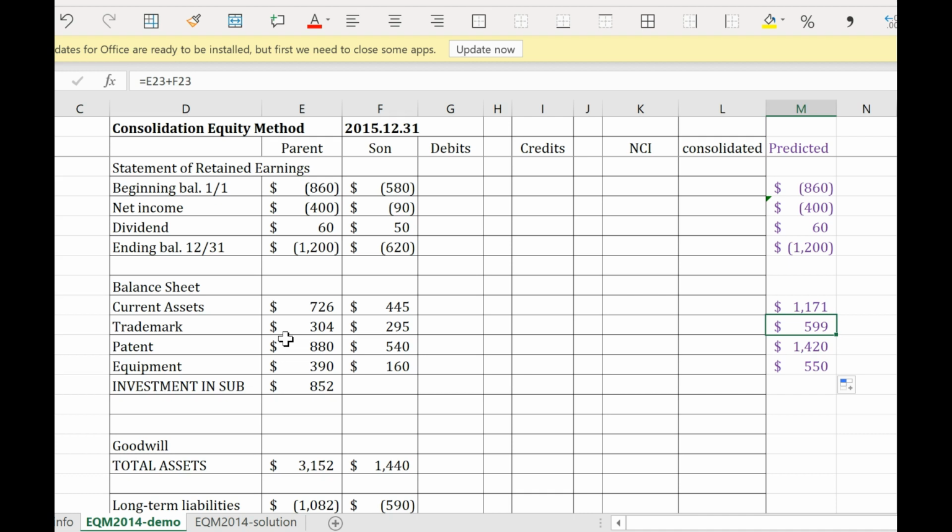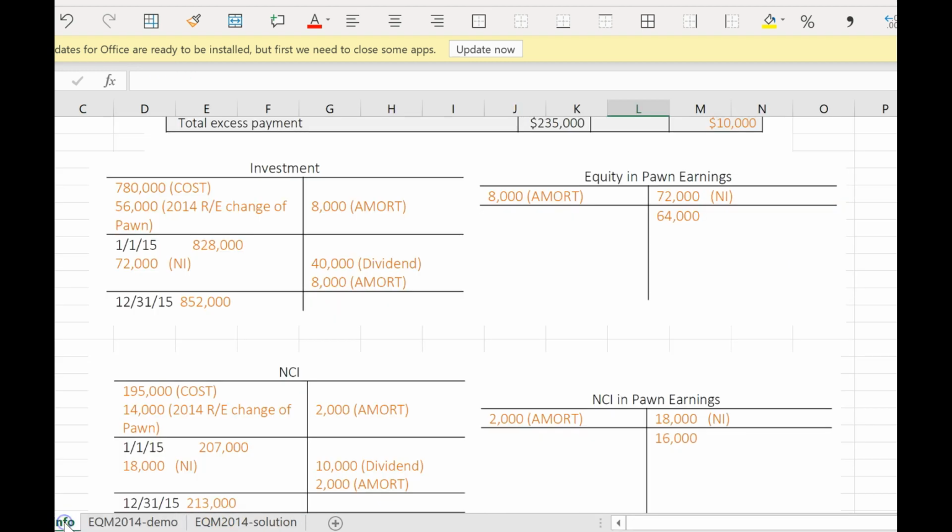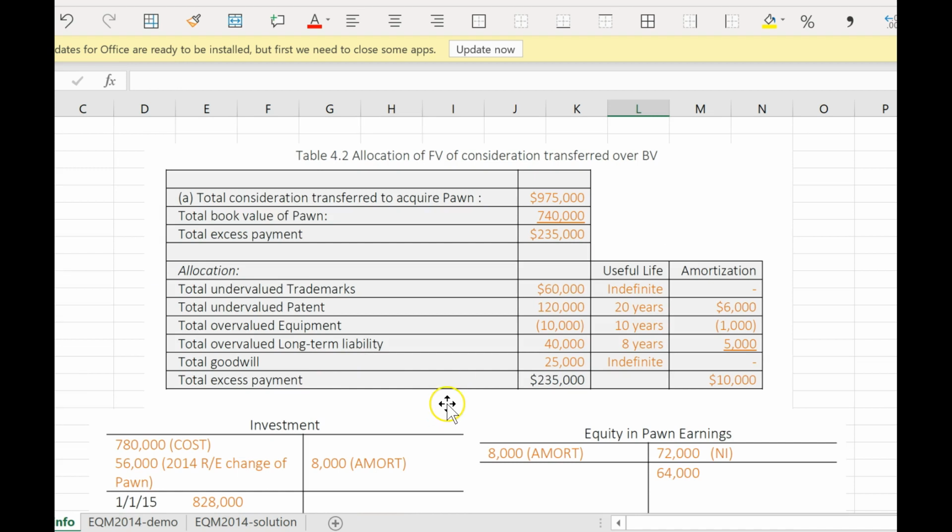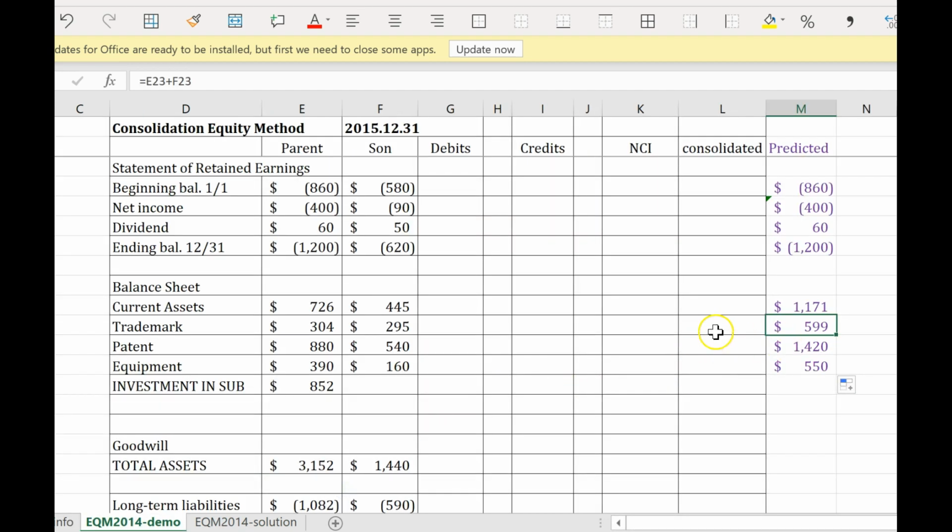The acquisition method requires us to add the parent's book value with the subsidiary's assets using the fair value, which is correct. So I'm going back to my allocation table. My trademark is undervalued by 60,000. So this number would be the parent's plus the subsidiary's plus the 60,000.